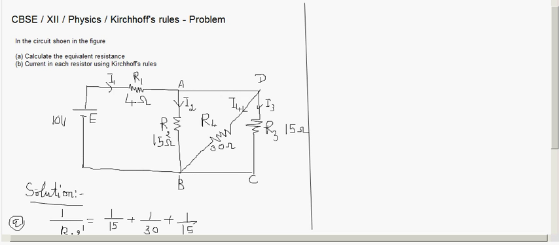If I apply KCL at this junction, this is I4, I3. So this current will be I3 plus I4, because at this point this current is entering, the other two currents are leaving. So I3 plus I4 is equal to the current through the branch AD.